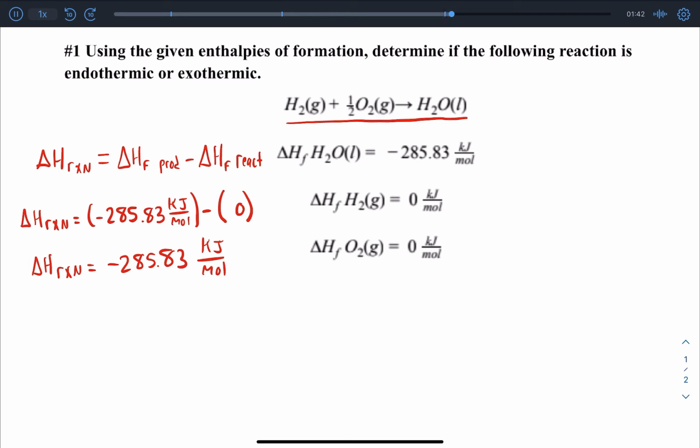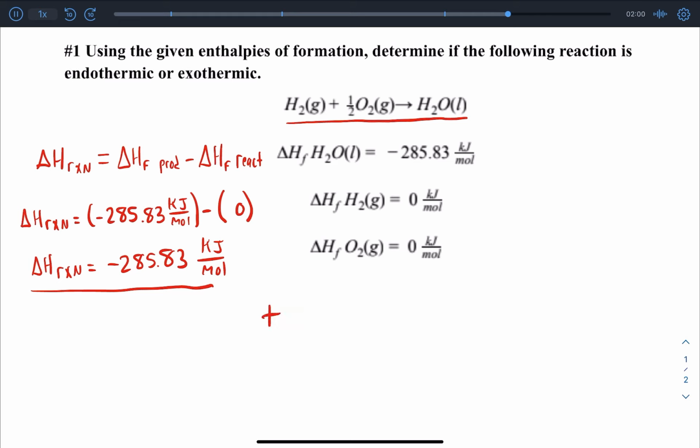If you remember back to thermo, a reaction is classified as either endothermic or exothermic based on the overall change in the enthalpy of the reaction, which we just calculated. A positive change in enthalpy corresponds to an endothermic reaction.